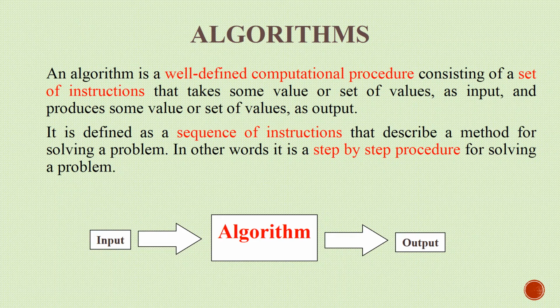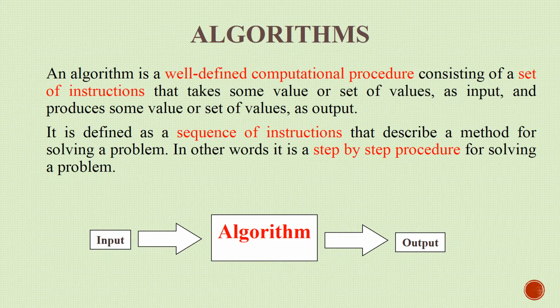An algorithm is a well-defined computational procedure consisting of a set of instructions that takes some value or a set of values as input and produces one or more values as output. It is also defined as a sequence of instructions that describe a method for solving a problem.